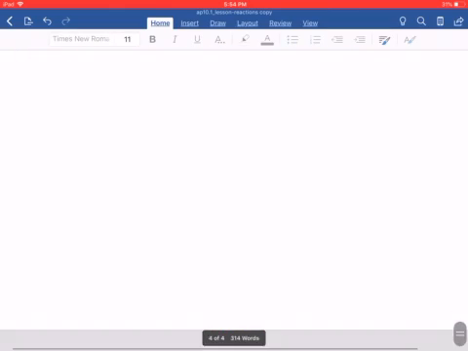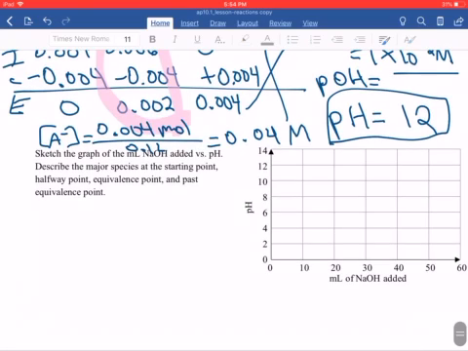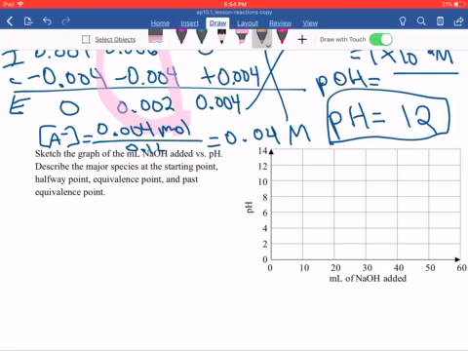So let me go ahead and add that before I forget. So 0 was 2.89, so approximately here. And at 10 milliliters, it was 4.26, so approximately here.